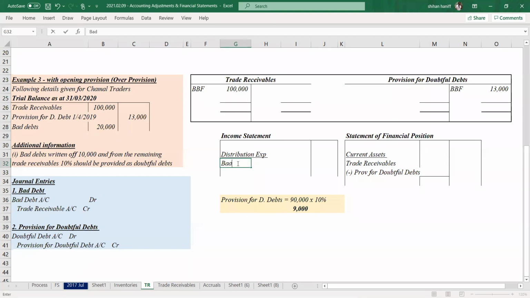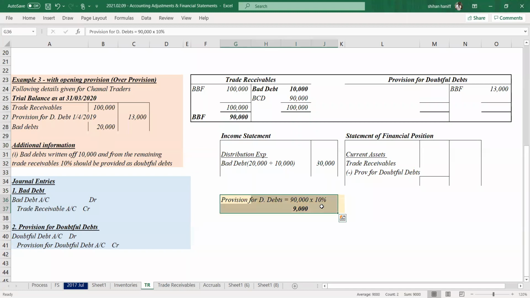Now the bad debt 20,000 plus 10,000, which is credited to the trade receivable. The balance is 90,000. Right?